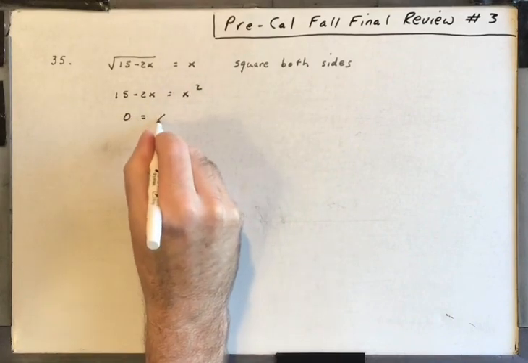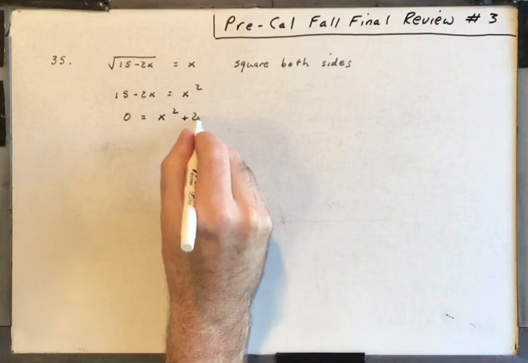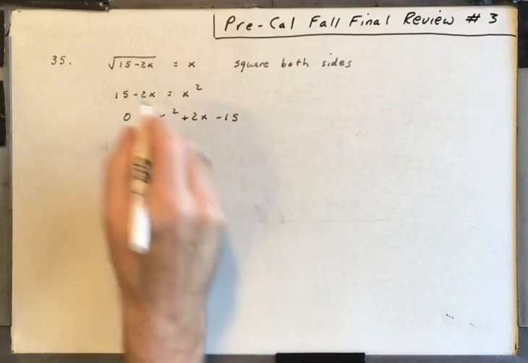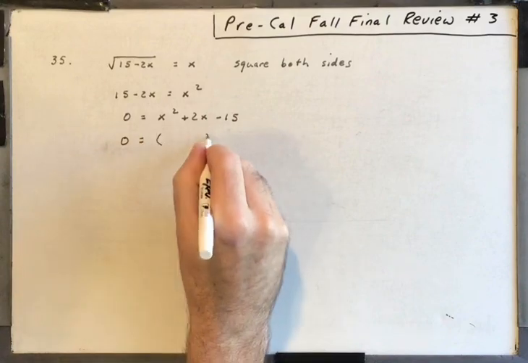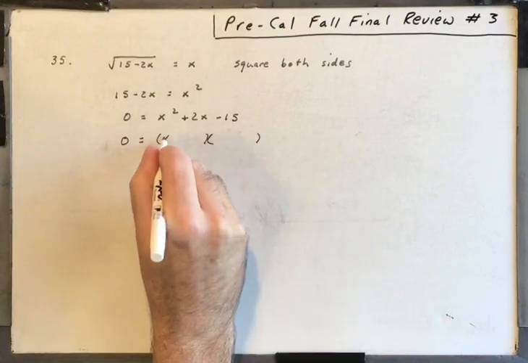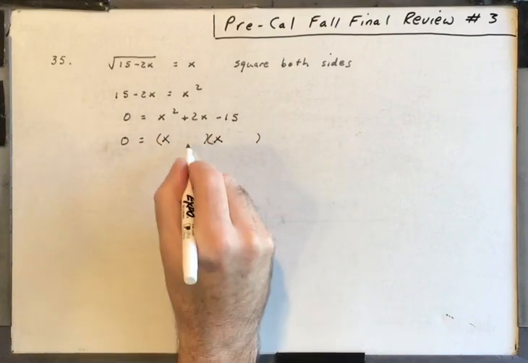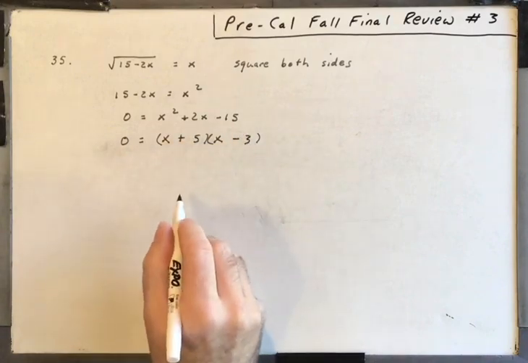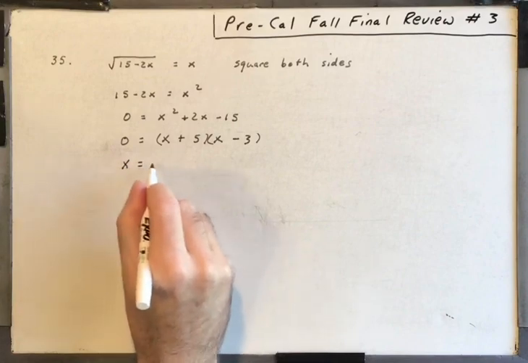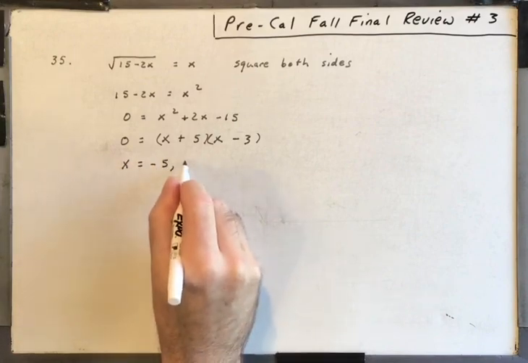And now we can solve x squared plus 2x minus 15. If I move these over to the other side, we'll factor x, I think a plus 5 and a minus 3 will work. So our two values are x is equal to negative 5 and positive 3.